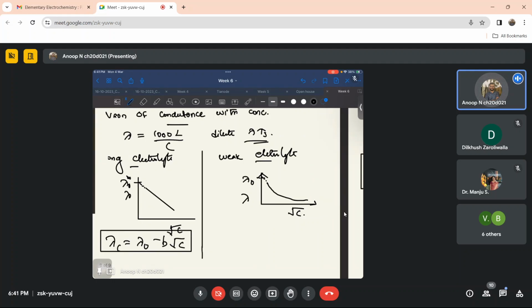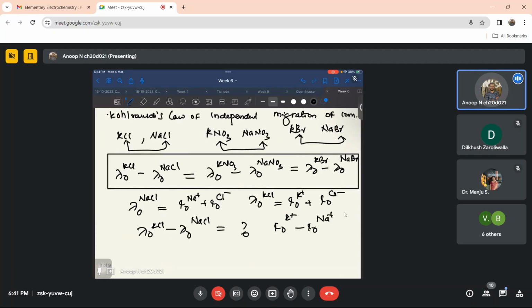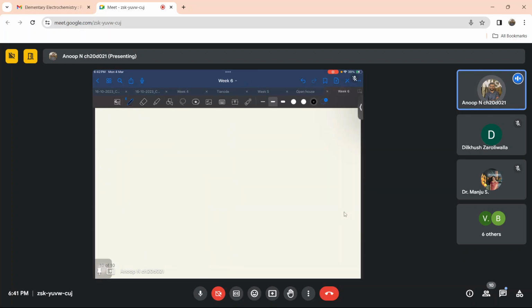That's why we take the difference of these ionic equivalent conductances. These formulas are important for calculating many of the problems.